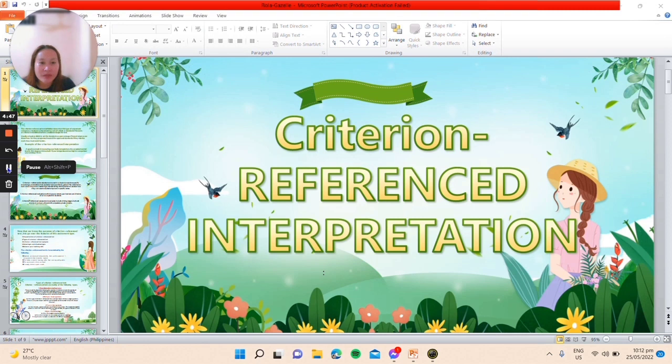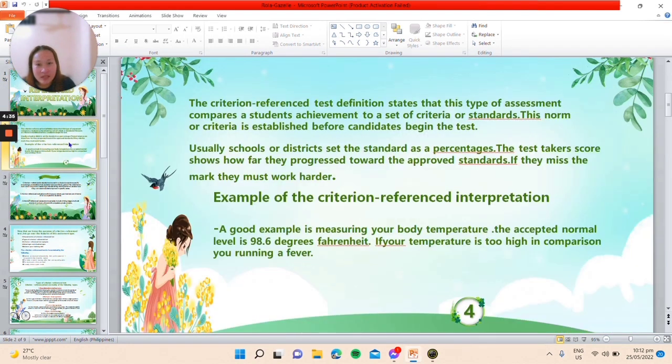Today, I will report my topic, which is all about criterion-referenced interpretation. When we say criterion-referenced test, the definition is that this type of assessment compares a student's achievement to a set of criteria or standards.